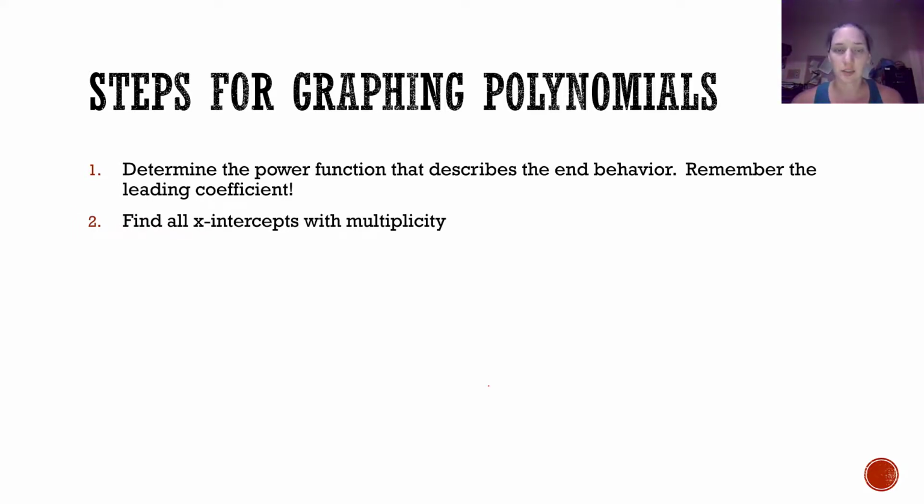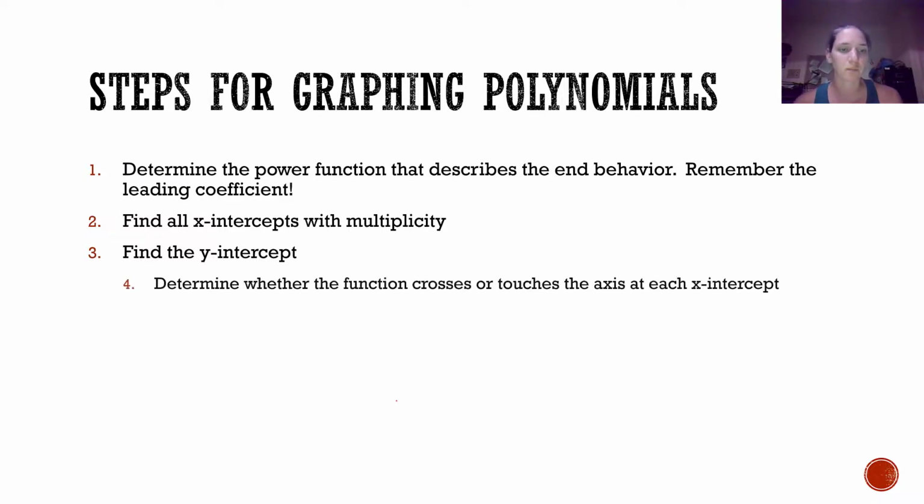Then find all the x-intercepts with their multiplicity. Also find the y-intercept. It may not be super helpful, but it might be a nice, easy number, so pay attention to that. And then determine whether the function is crossing or touching at each x-intercept, because that's important for when you're connecting your dots, right?